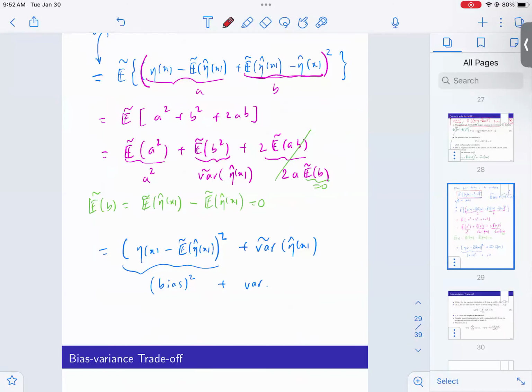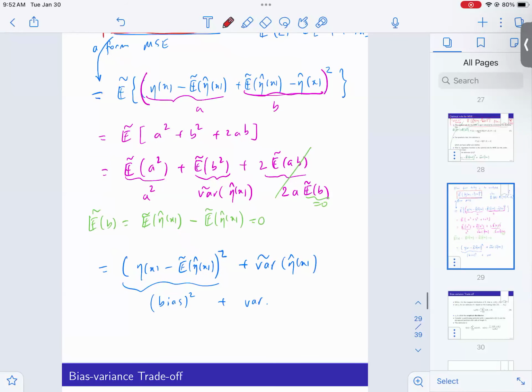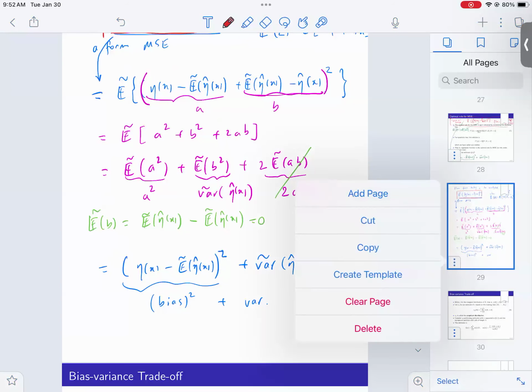I want to analyze it for the particular partitioning estimator. Does this sound good so far? Okay, so let's keep this in mind.